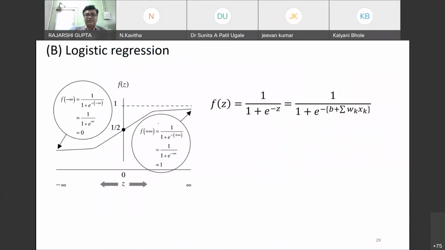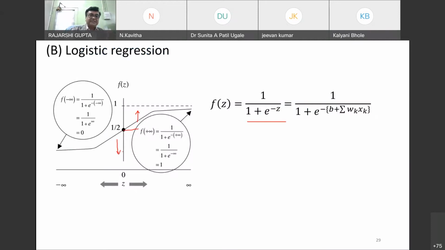Then comes logistic regression. In the case of logistic regression, we have an S or sigmoid type function. This is the function, and if we take a threshold value of 0.5, then above 0.5 we can take it as 1, and below 0.5 we can take it as 0.